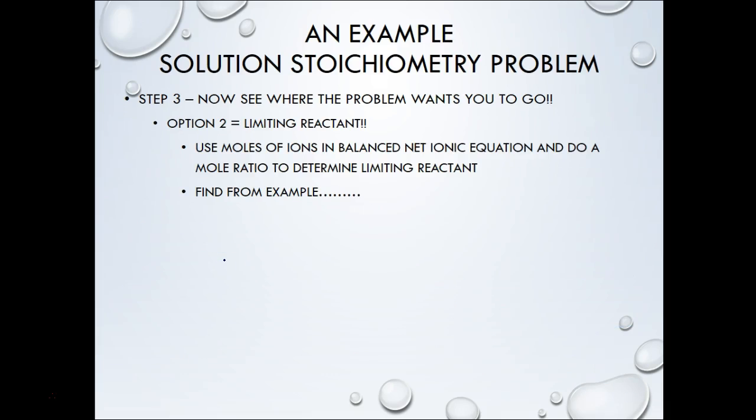So let's see if we can go on to the next problem. So the next problem tells us that I need to know the limiting reactant. So what is limiting? So we have number 2. Well, we start out with what we know. We know that we have 0.0540 moles of NaCl. So if I have that many moles of NaCl, there are 2 moles of NaCl in the reaction.